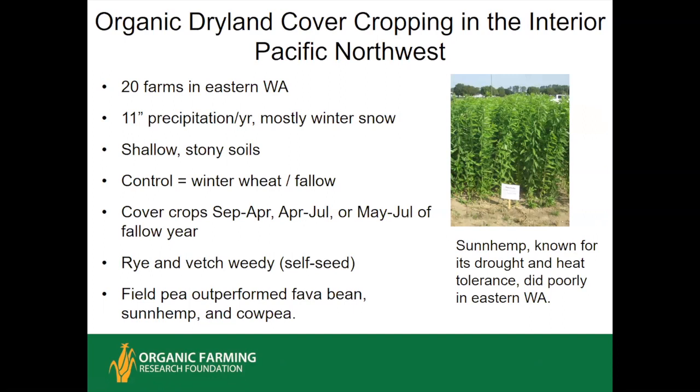You know, what we call a dry summer. You guys would laugh at me. But yeah, again, thought to be great drought and heat tolerant, but they don't really work in this environment. Very interesting finding: even with the May to July planting, the field pea did quite well.